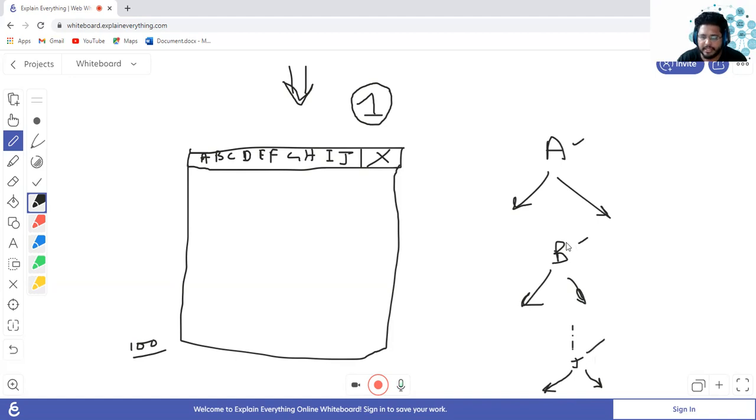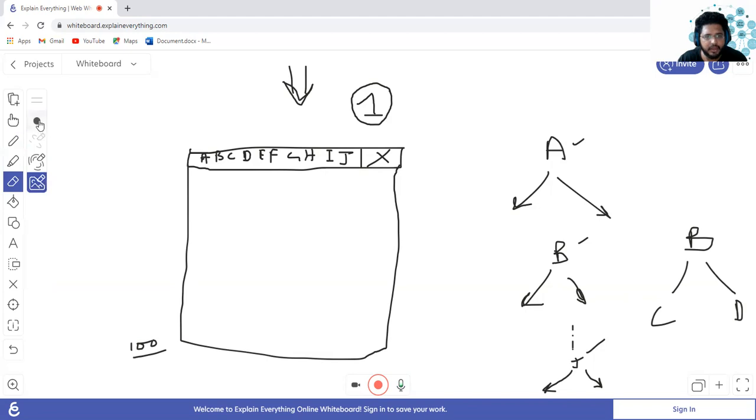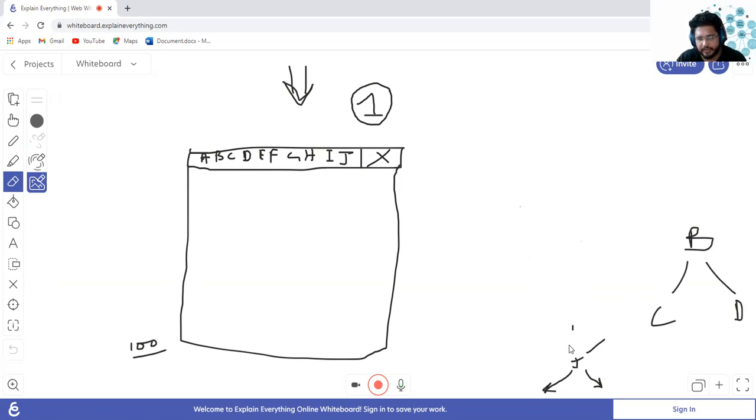What is the lowest? Say B. Then second lowest, C. Then third lowest, D. This is the way I go ahead. So if I consider all the columns at the same time, then I will have only one decision tree for the entire data set.